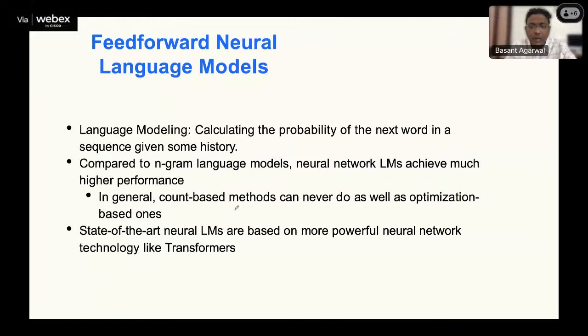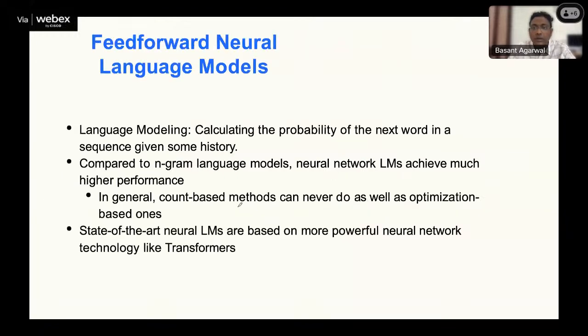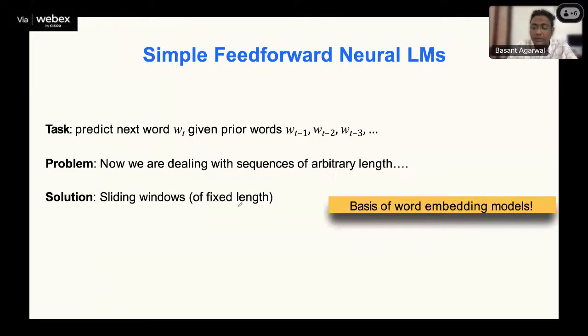Recurrent neural networks provide quite good learning for language models in predicting words. So I'll show you some examples: a feed-forward neural network can be used for language modeling, and then we'll see the recurrent neural network too.